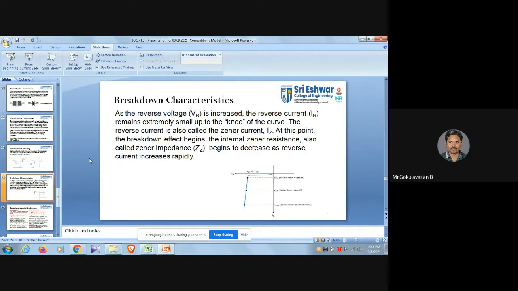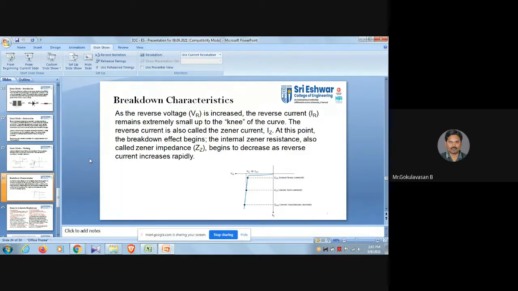Breakdown characteristics, look at this very clearly. As the reverse voltage VR is increased, the reverse current IR remains extremely small up to the knee of the curve. That particular voltage is also called the knee voltage. The reverse current is also called the Zener current, IZ. At this point, the breakdown effect will begin.